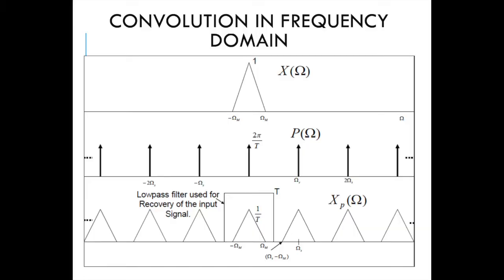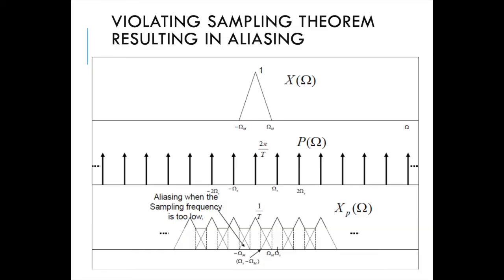The first and second signal will overlap because of the distance. The distance is very short compared to the previous diagram in slide number 12, where the distance is quite long. That's why the first signal and second signal do not overlap. Because of this, the overlapping between two signals results in aliasing.